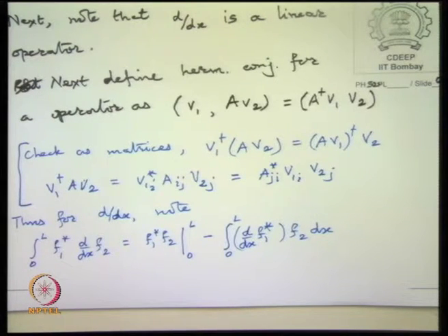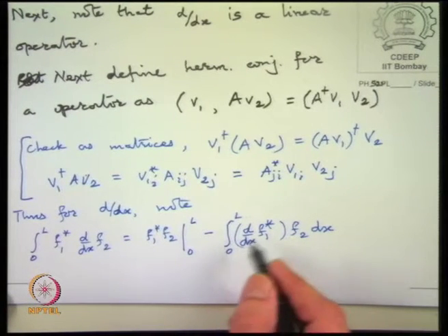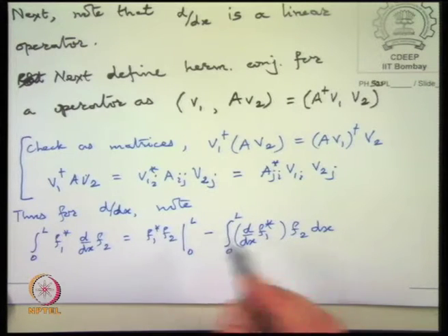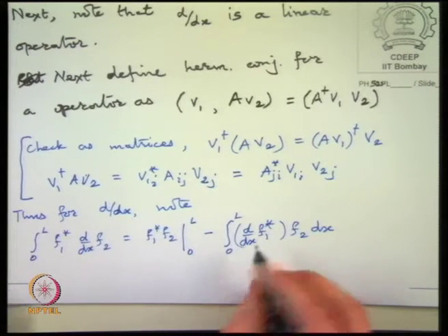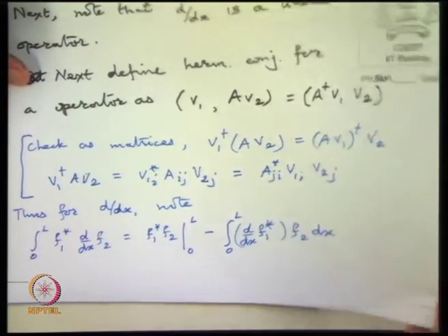And this happens if we put i d by dx instead of d by dx, then we can write this as equal to star of i d by dx and still retain this sign on f1.